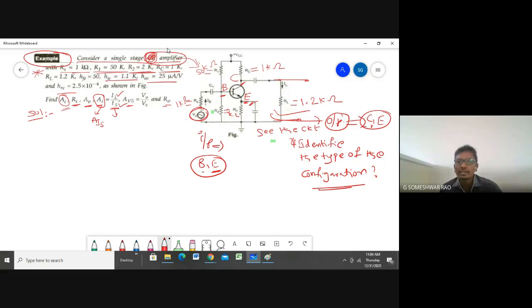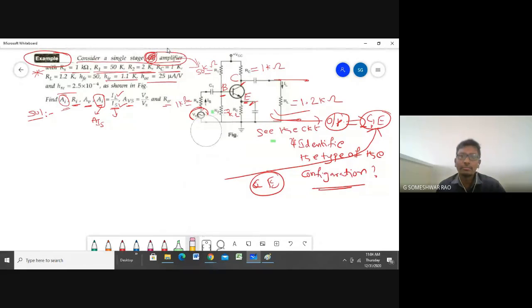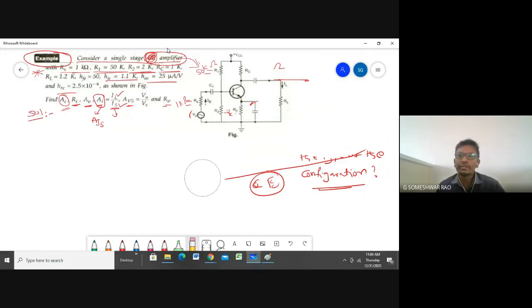Now the output is taken across collector and emitter. So the final conclusion is: input is base and emitter, output is collector and emitter. Therefore emitter is common for both input and output, so this is a CE configuration. Are you people following? Yes, sir. Good. So if CE is not mentioned, we must identify the configuration ourselves and then solve.